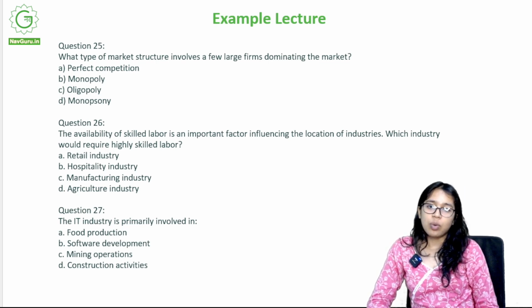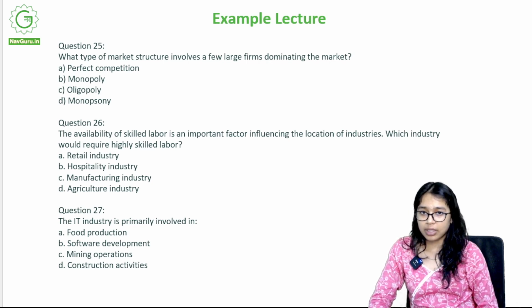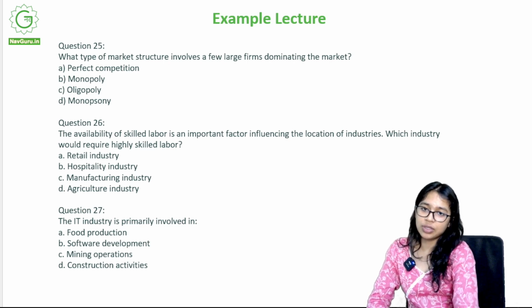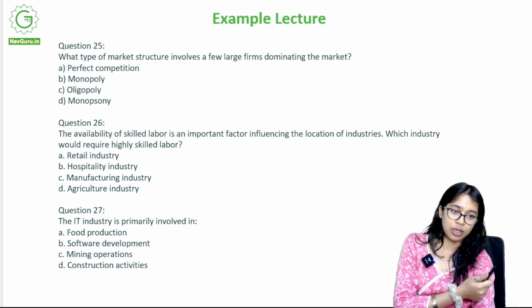Question 25. What type of market structure involves a few large firms dominating the market? Few large firms dominating the market. Okay, so in this case, it's not perfect competition, it's not monopsony. It could either be monopoly or oligopoly.